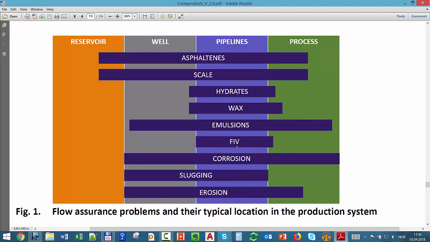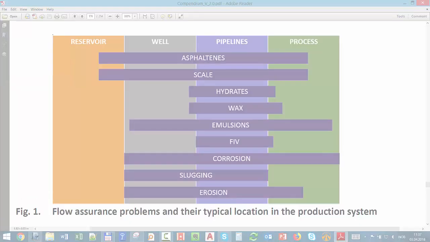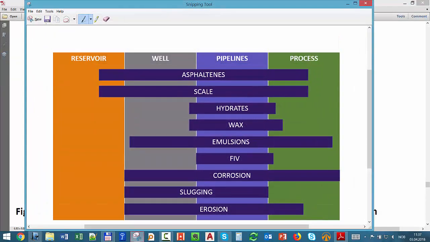FIV stands for flow induced vibration. Usually it's in the wells, after the wells, pipelines, manifolds. Corrosion is a problem all along. Slugging, well, and pipeline, and erosion can be a problem all along. Okay, so let's take that. I think that's okay, just to give an overview.